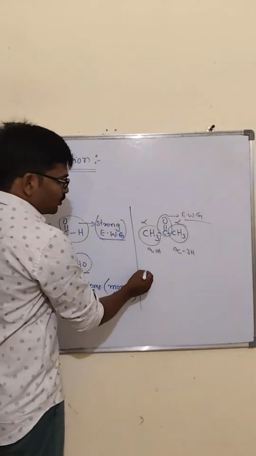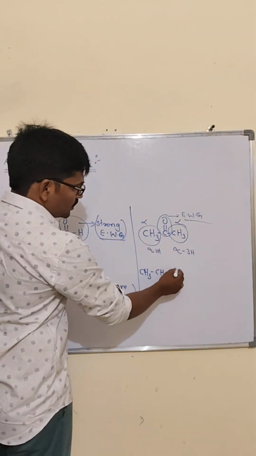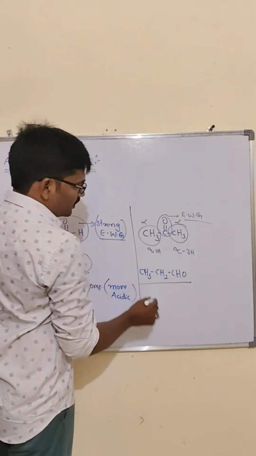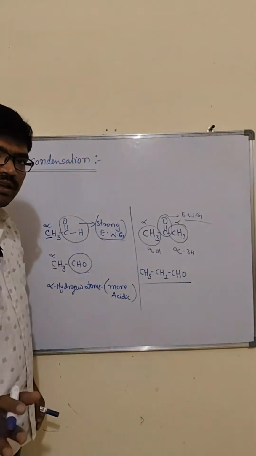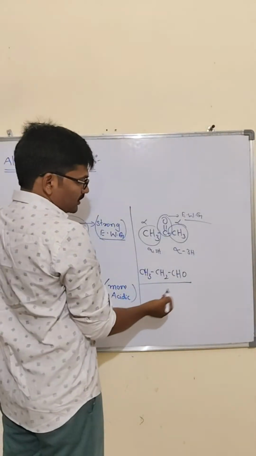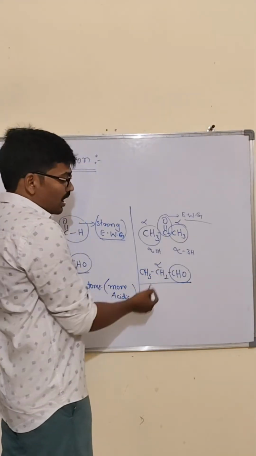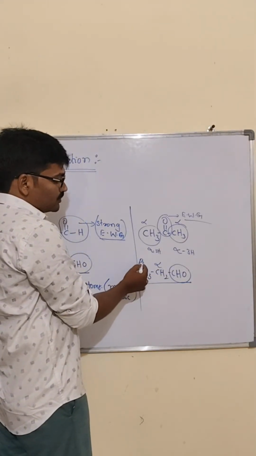Look, my dear students, one more aldehyde I am writing here: CH3, CH2, CHO. Now, are alpha hydrogen atoms there in this? How many are there? 2 are there. See, the aldehyde attached carbon, I told, is alpha. The carbon attached to the alpha carbon we call beta.